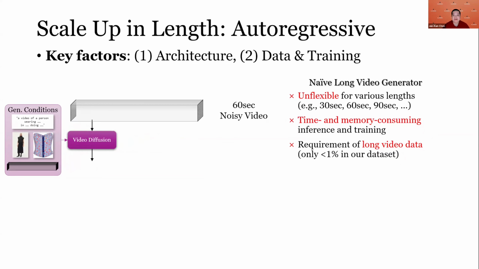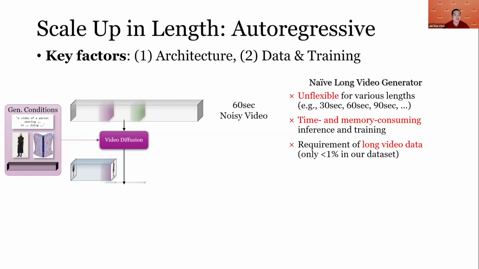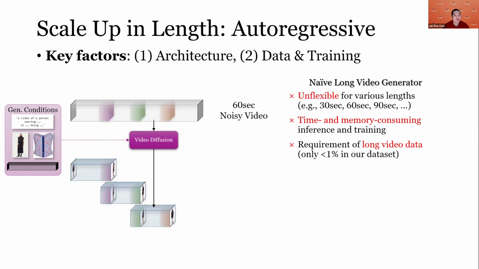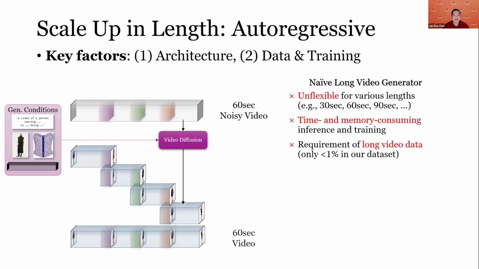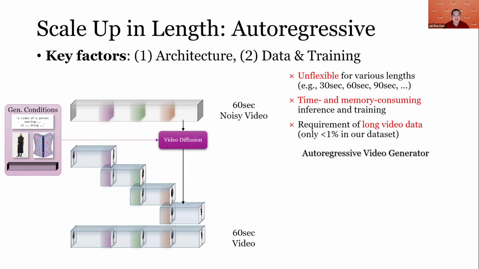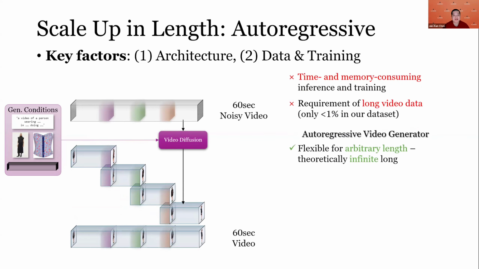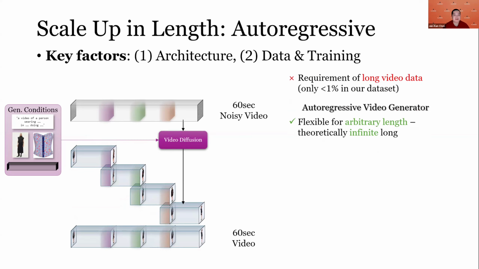Therefore, inspired by large language models that do autoregressive generation, we also propose an autoregressive diffusion model generation. We are going to generate the frames segment by segment and finally compose them into a long video. First, this method is flexible for arbitrary lengths, and it can be theoretically infinitely long because we can always append a segment.